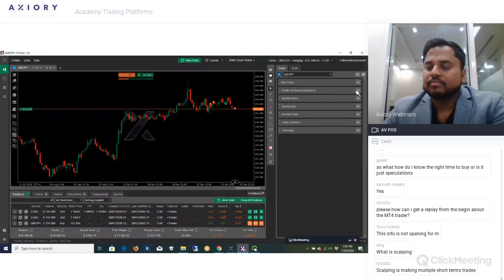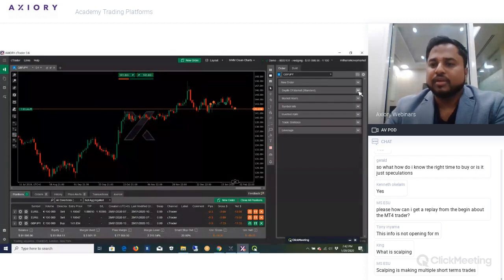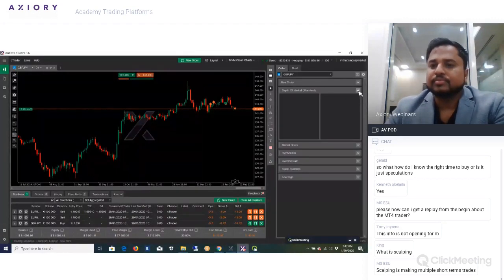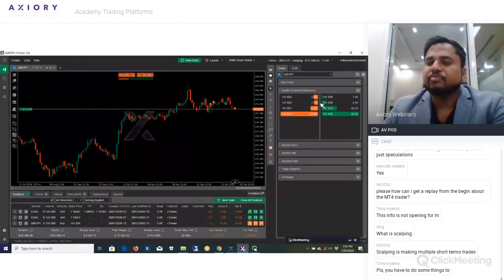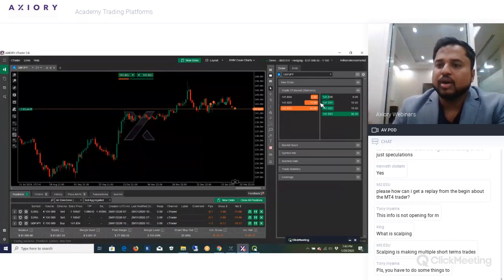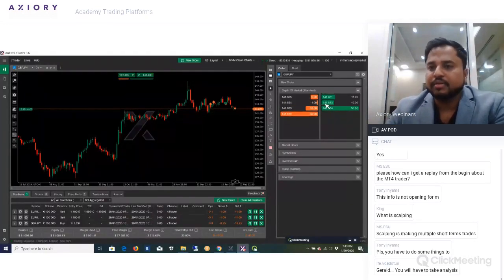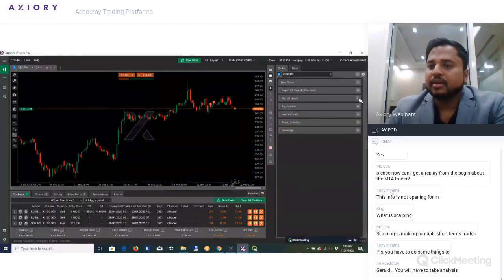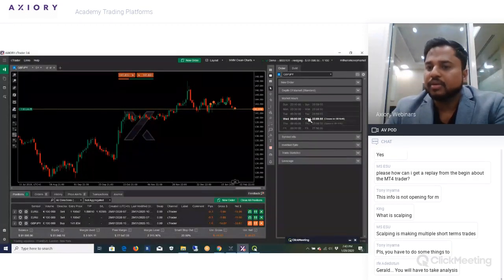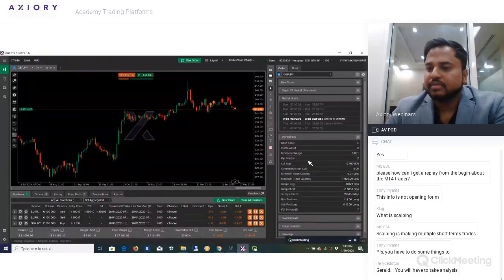Some features are there, but they are not very useful for new beginners. We can see the depth of market, the volume, how much volume is coming on a daily basis, and the market hours, which markets are open now.